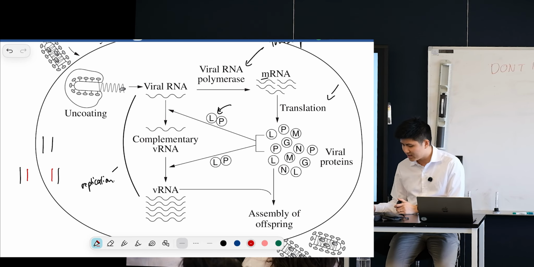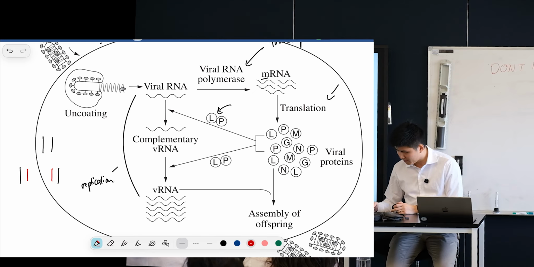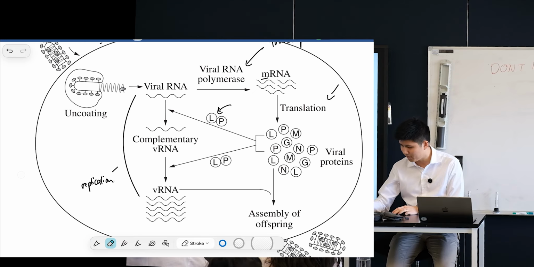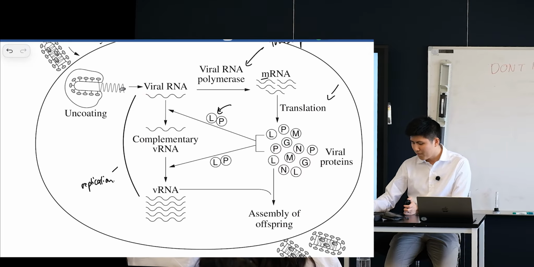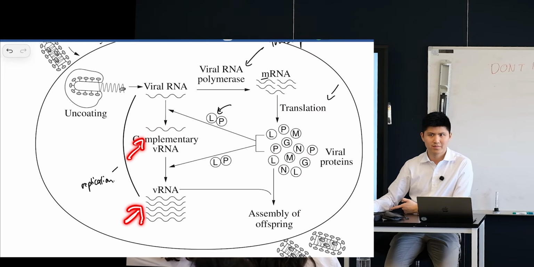But our RNA is single-stranded, so it's a bit weird because we can't just make an exact copy of this strand, but that's what we want to make. We want to make a copy of this strand. So to do so, we make a complementary copy, and then from that complementary copy, we make back our original strand that we actually want, right?